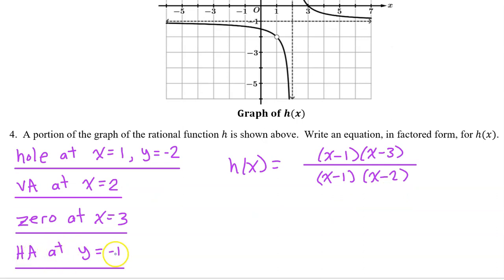Finally, there is a horizontal asymptote at y equals negative 1. This will happen when the degree of the numerator and denominator are the same, and the ratio of the leading coefficients is negative 1. Ignoring all of these constants, I can see in the numerator we have x times x, that's x squared, degree 2.